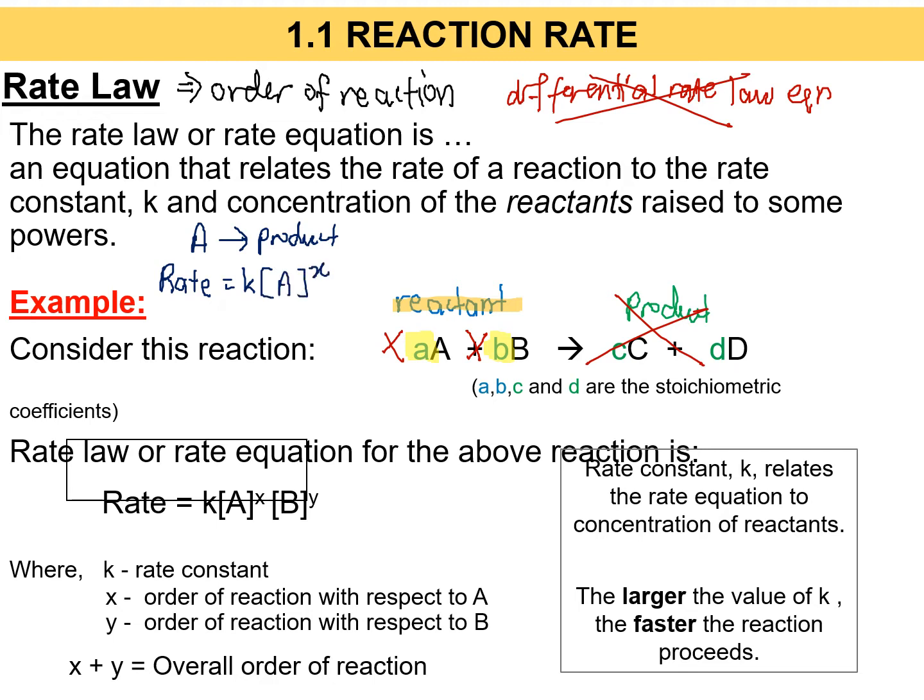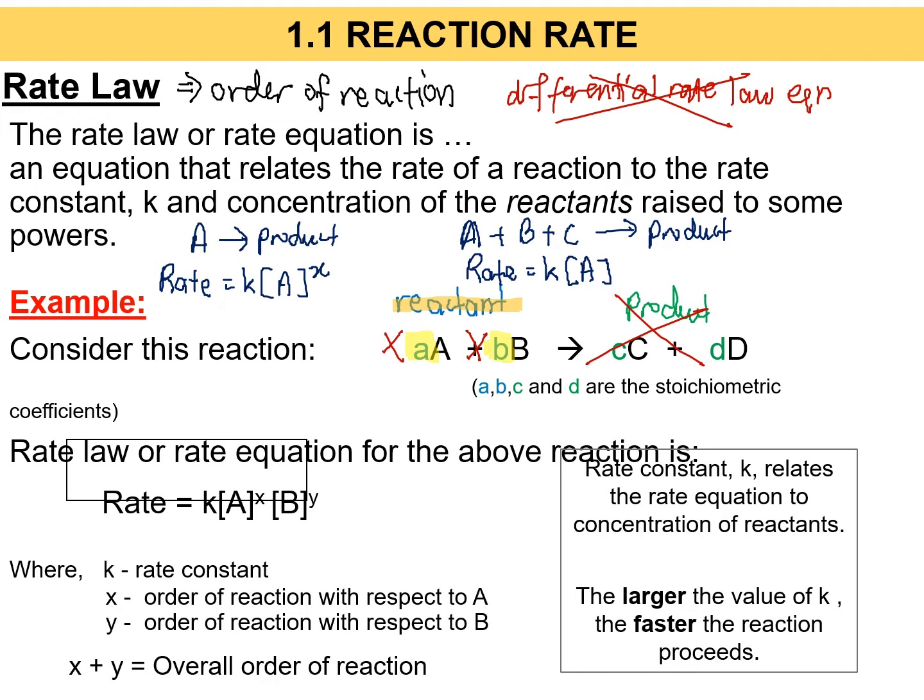Okay, and then if let's say you have the next chemical reaction, where you have reactants A plus B plus C, and then you will get a product. When you write the rate law equation for this chemical reaction, it's going to be rate is equals to K multiplied by concentration. What concentration? There are 3, right? There are 3 different reactants here, so you write all of the reactants.